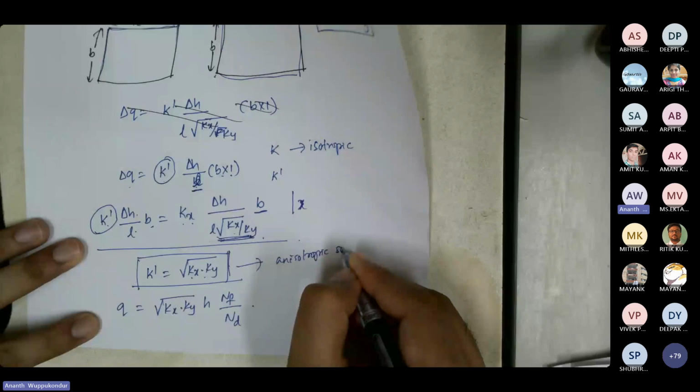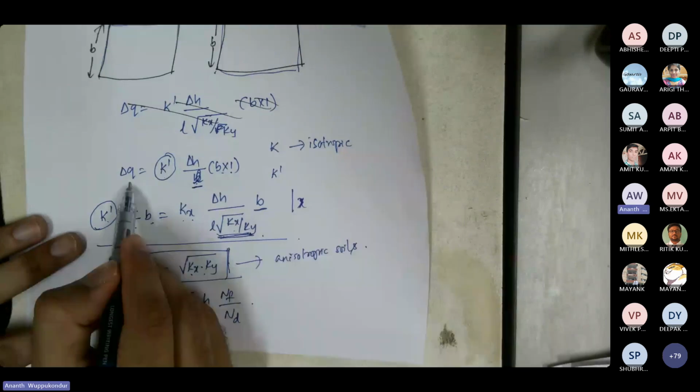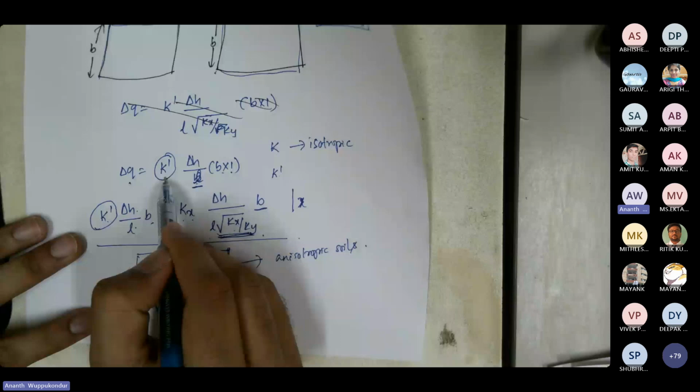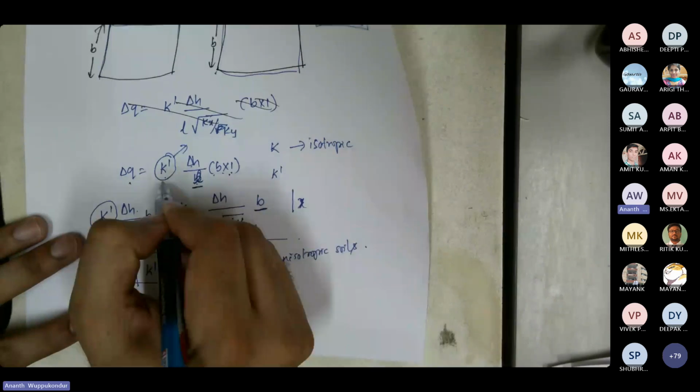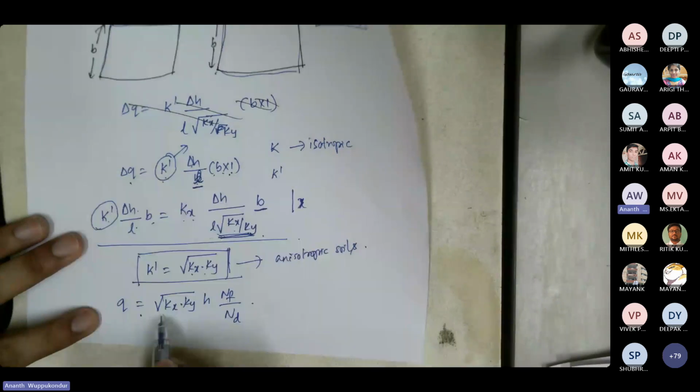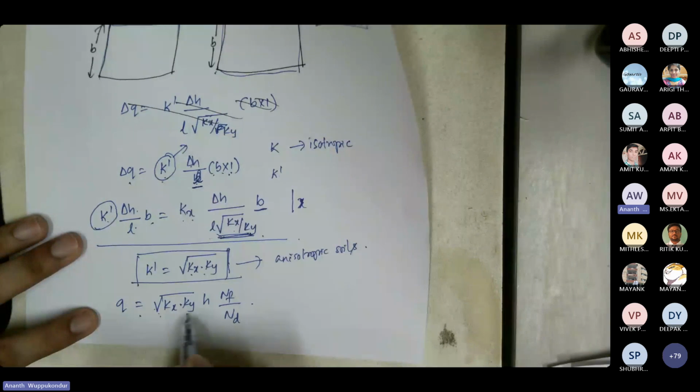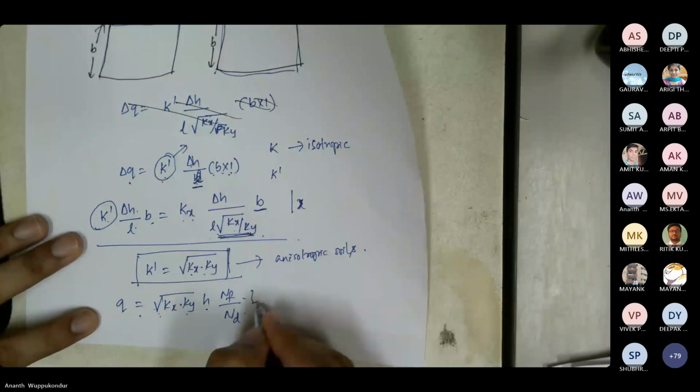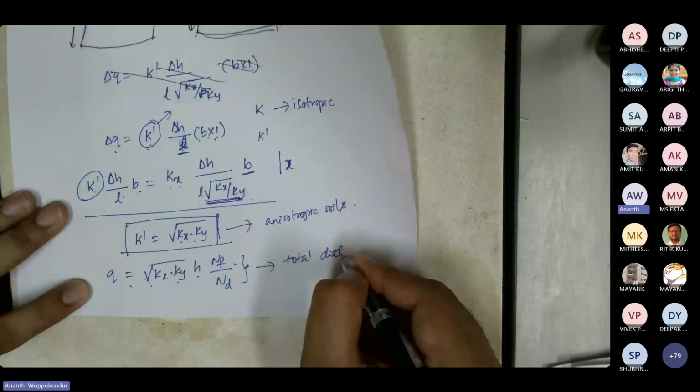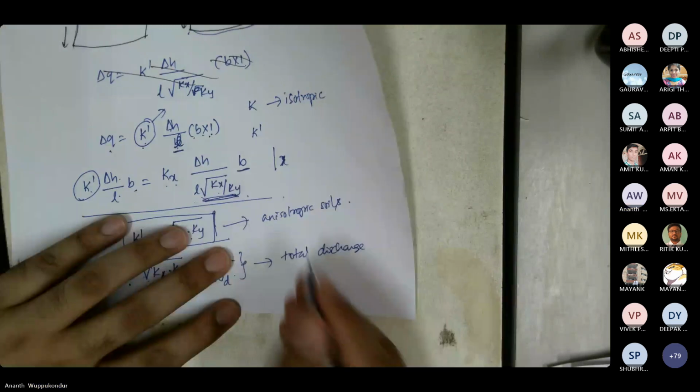So now we have found the hydraulic conductivity for anisotropic soils. And now our delta Q is K prime times delta H times NF by ND. We know what K prime is. So if you substitute that, you get square root of Kx Ky times H times NF by ND, which becomes the total discharge through the flow net.